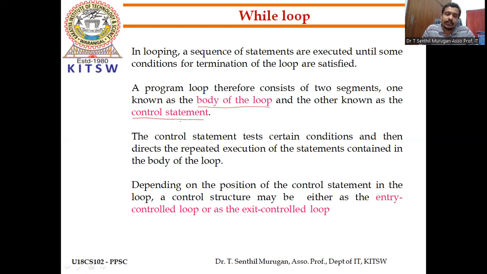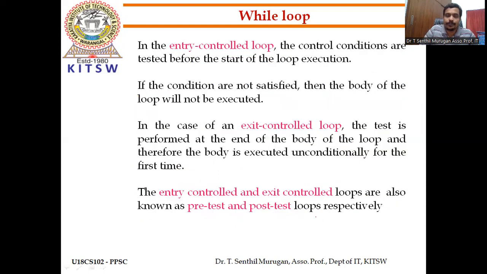The control statement checks the condition, then the body is executed. In looping statements, we have two varieties: entry controlled loop and exit controlled loop. What is an entry controlled loop? The control condition is tested before the loop execution starts. That means first check the condition, then enter into the body of the loop.